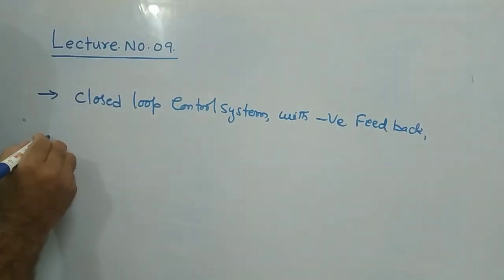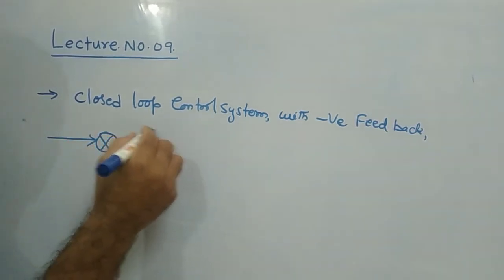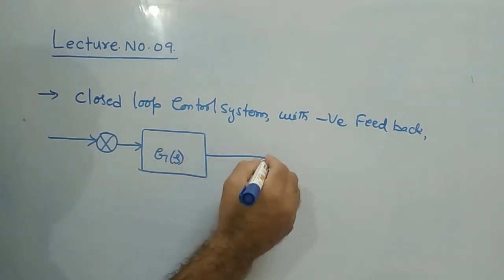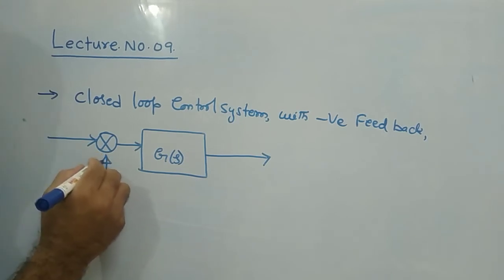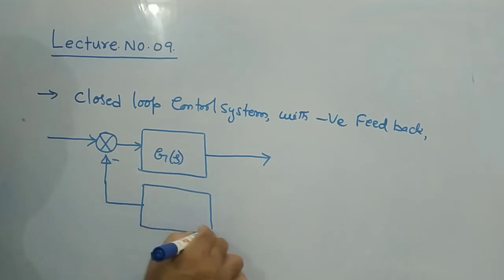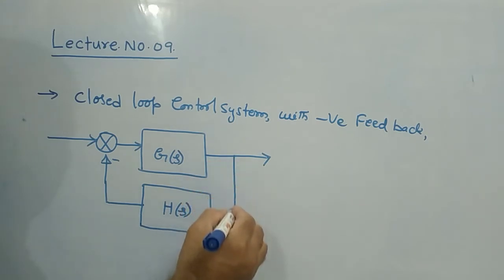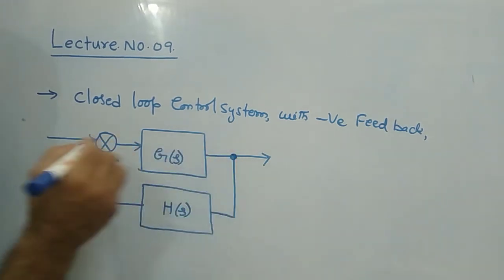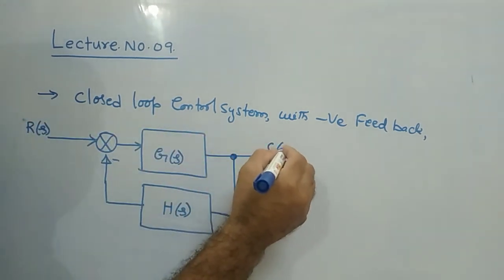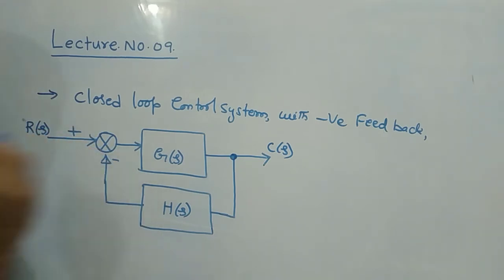This is your R of S, this is your C of S, this is your input signal, this is your minus feedback signal.